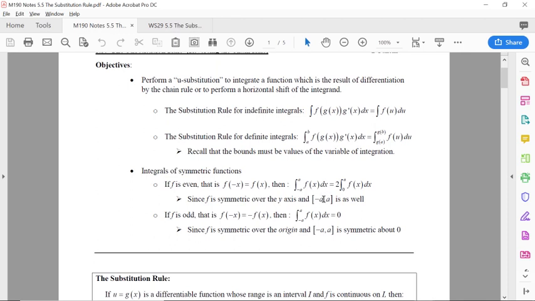If we're integrating an even function over that symmetric interval from negative a to a, then we're going to be doubling the area of just one side, either 0 to a or negative a to 0, because of the geometric symmetry of the curve. It's symmetric over the y-axis. If the function is odd, then due to its symmetry, the integral from negative a to a is always going to be 0.